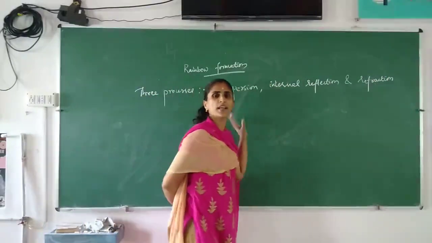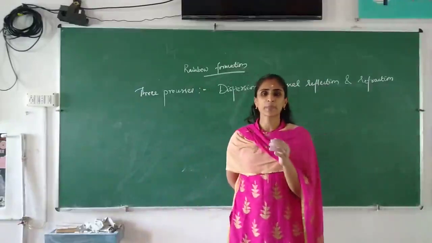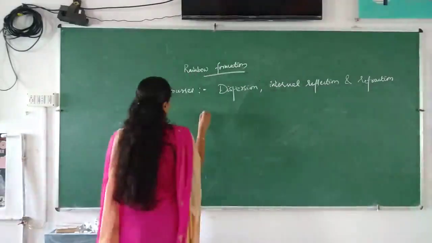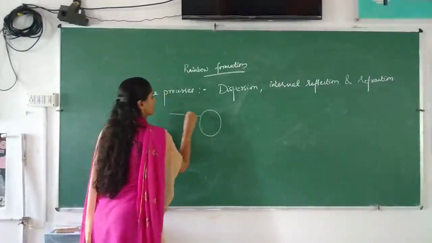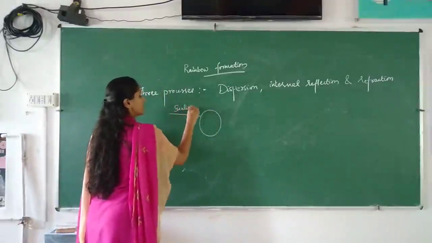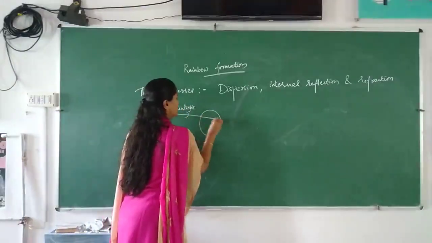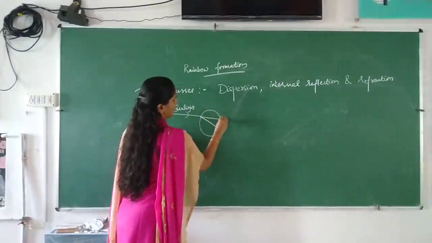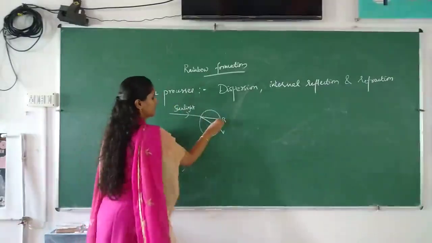These tiny droplets in the atmosphere act as a prism and produce dispersion. If we consider a single droplet, sunlight reaches it and splits into components. Red will be deviated least and violet will be deviated most.